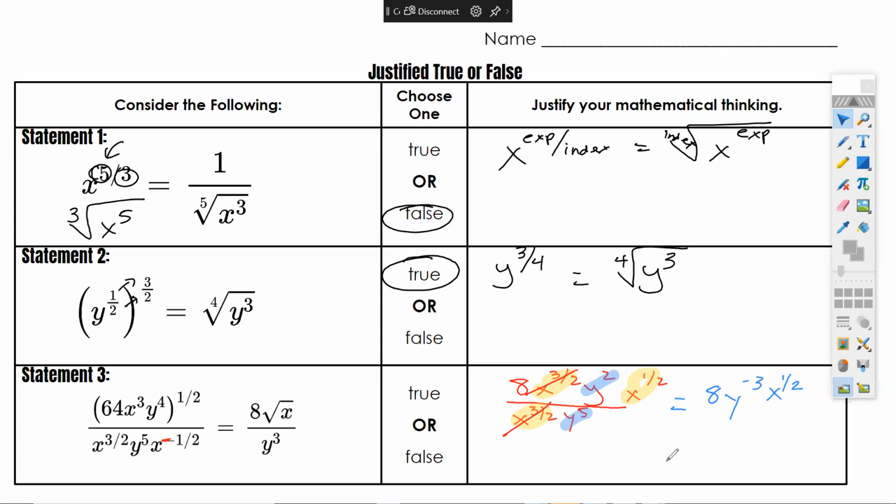Well, what do we know about negative exponents? They're bad. So they go down to the bottom, right? So this is going to be 8x to the 1/2 divided by y to the 3rd. Is that the same thing as what's written over here? No. So this is true.